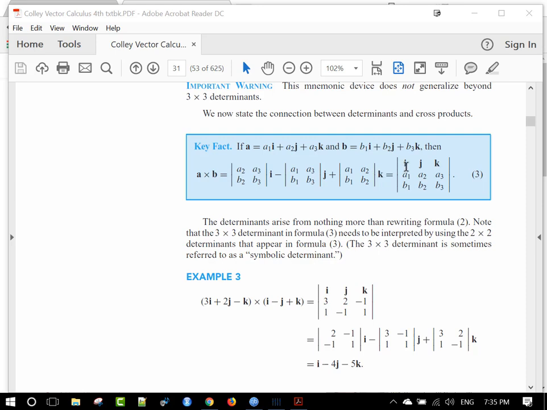What is the determinant of this? How would you get the determinant of this in the way that I described it? So first you block out this, and you'd get I times this. That's what they have, I times this. And then you'd block out this one, so you'd get J times A1, B1, A3, B3.